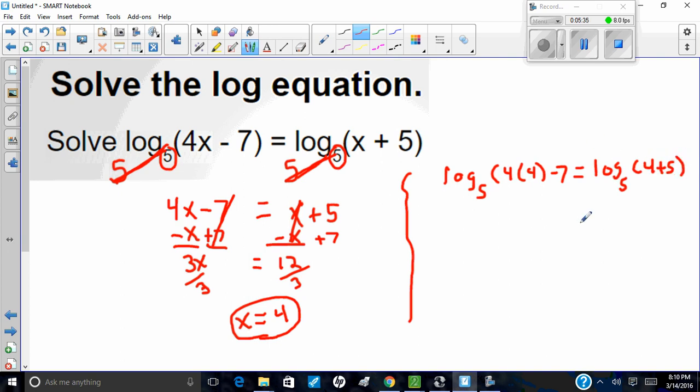We can see that our right side is going to be log base 5 of 9. 9 is positive, so we know it fits inside the domain. The left side, we have 4 times 4, which is 16. 16 minus 7 is 9, which again is a positive number. The left side also equals the right side, so these do in fact check.